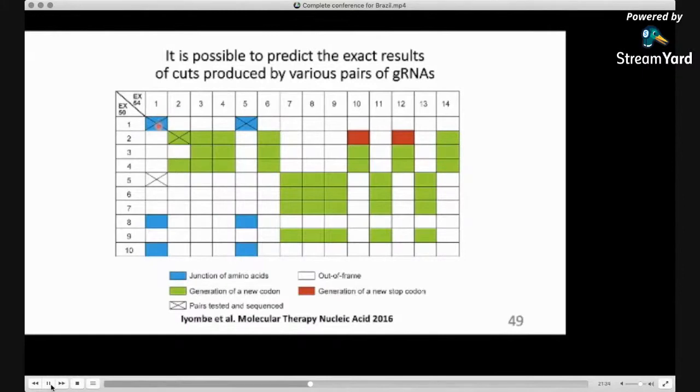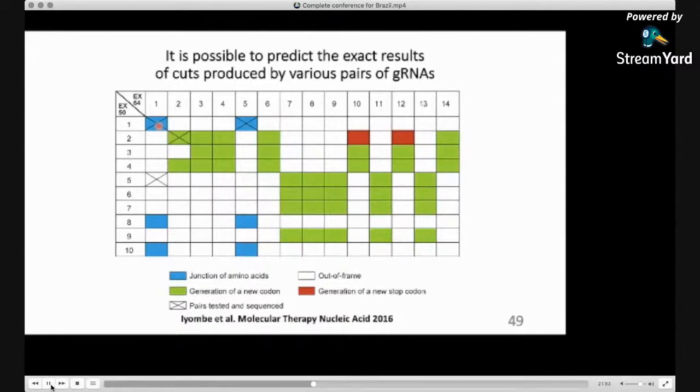Thus, at the junction point, we have an amino acid coded by exon 50, followed immediately by an amino acid coded by exon 54. There's no frame shift and there is no new amino acid produced.